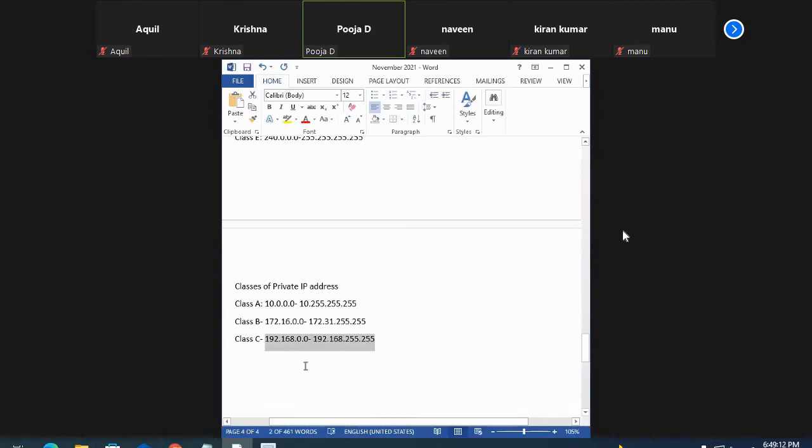Once you assign that IP address to that device, it is fixed. You can't use that IP address again for a different device. It will show that that IP address is not available for the connection, because it is already in use. So in private IP addresses also, IP conflict will not happen.